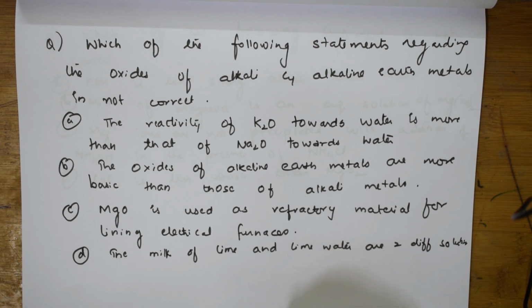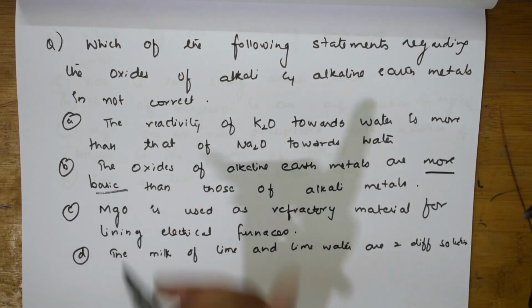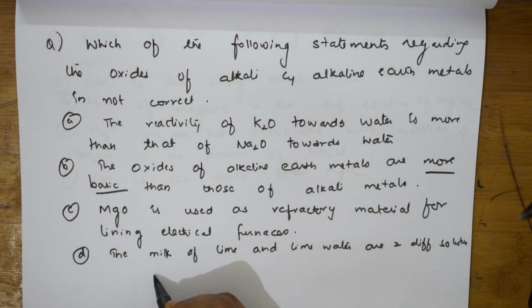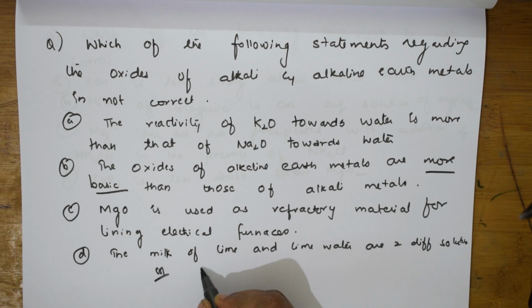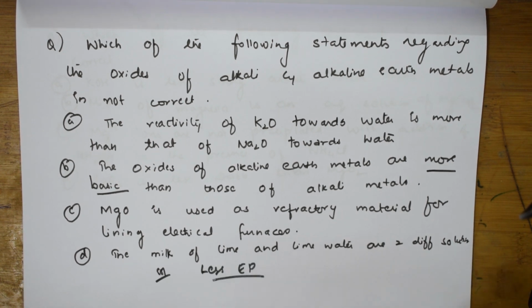What should you speak in terms of? Because alkaline earth metals are less electropositive, isn't it? So here they've given more basic, but my justification is they are less basic. Why are they less basic? The concept is that they are less electropositive. Less electropositive means less ability to donate that pair of electrons or donate the OH minus ions.